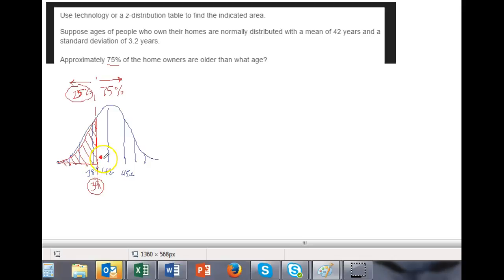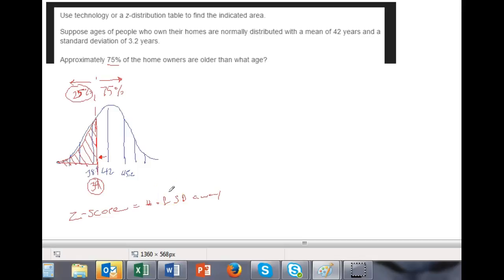38.8. But how do we measure if it's not a whole standard deviation? We can measure it in partial standard deviations, and the name we have for that number is the z-score. So the z-score is how many standard deviations away, and if it's to the left, it would be negative. A negative z-score means you're moving so many standard deviations away to the left, and a positive z-score means you're moving so many standard deviations away to the right.